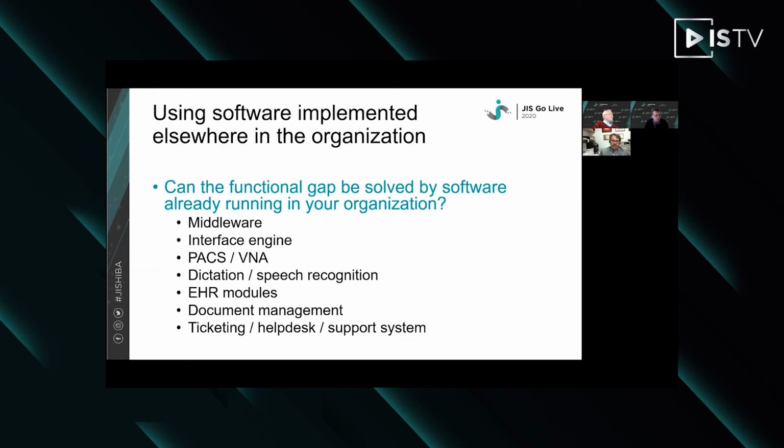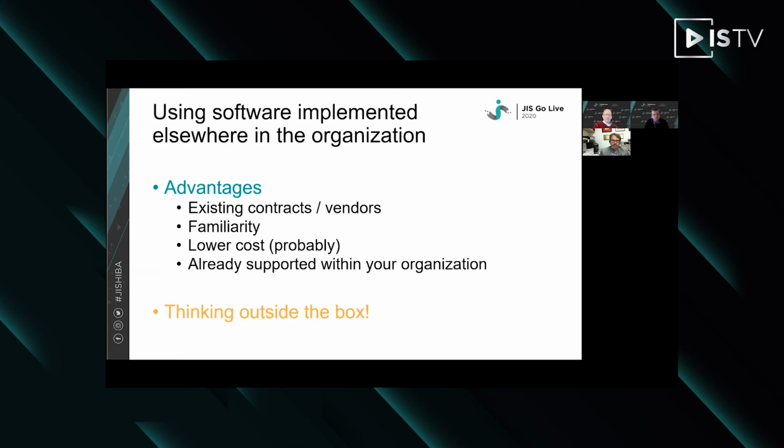And finally, perhaps if there's a ticketing or help desk system, maybe that could be leveraged for quality management. Maybe you need to get a little creative, but there are lots. This is, I think, one of the least utilized resources that people have when they're looking to solve their problems, is just to look to see what your colleagues have available.